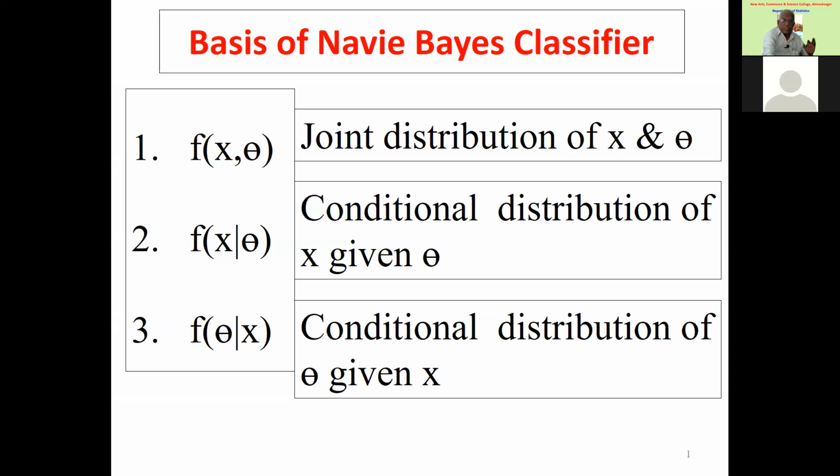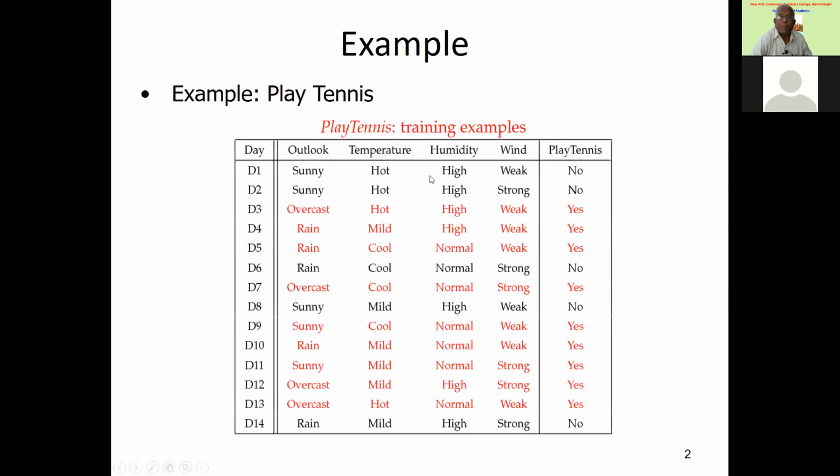I will give an illustration here. Okay, let us see this example. This is a very common example whenever we deal with the Bayes classifier. This is always given.